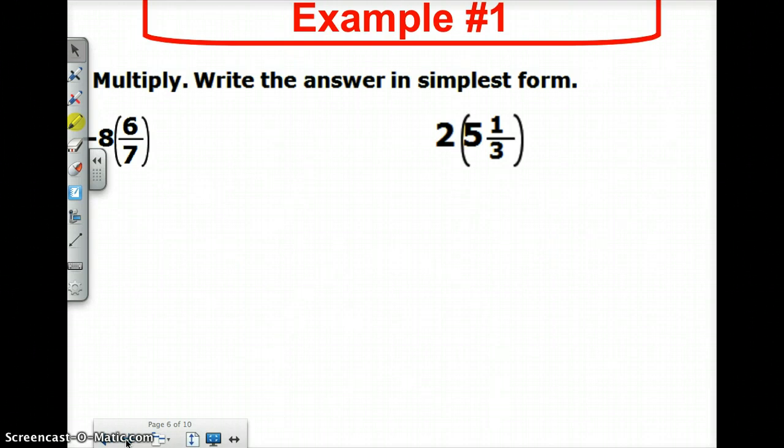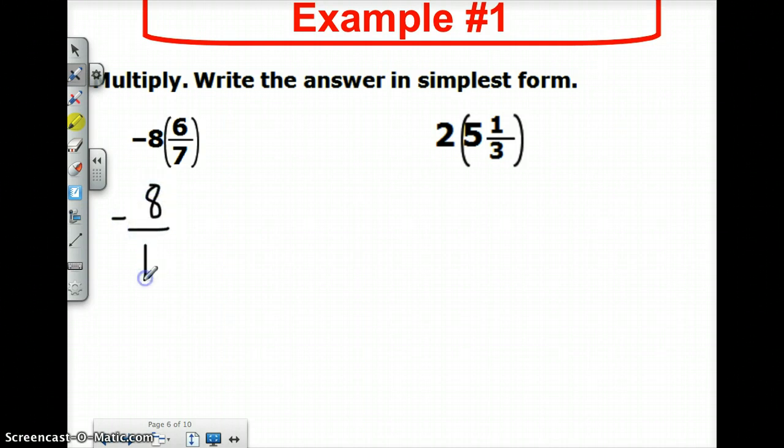Our first problem that we are going to do, let me move this over so you can see it, is negative 8 times 6/7. Remember that negative 8 can be written in the form of a fraction of negative 8 over 1 times 6/7.